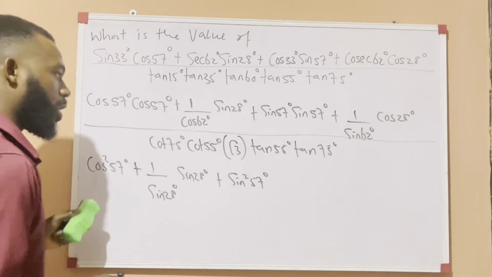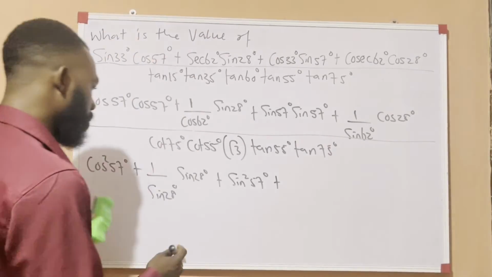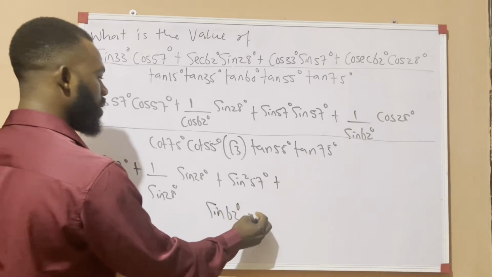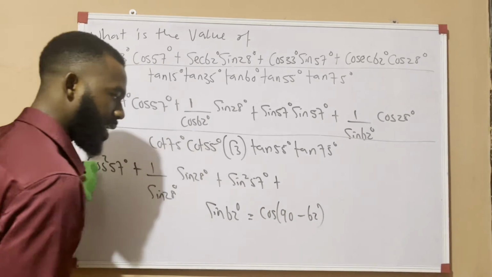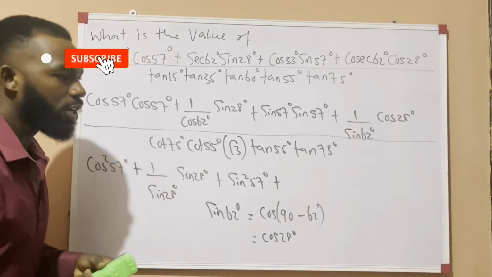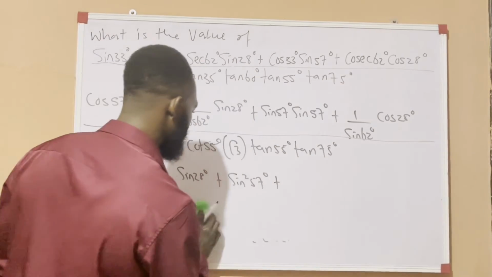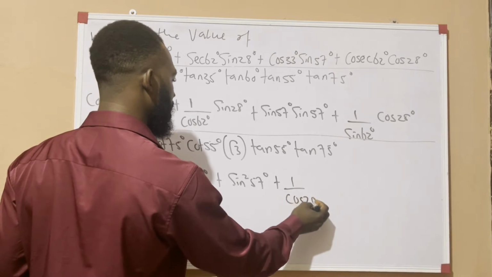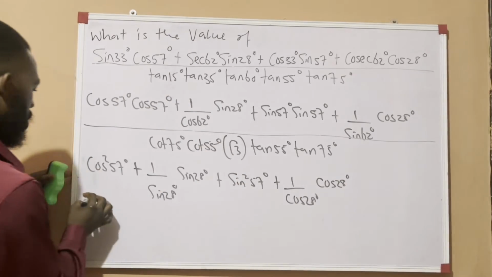Now plus, sine 62 degree can also be written as cos of 90 minus 62, and 90 minus 62 gives us cos 28 degree. So in place of sine 62, we put cos 28 degree. So here becomes 1 over cos 28 degree. What do I have at the numerator? Cos 28 degree.